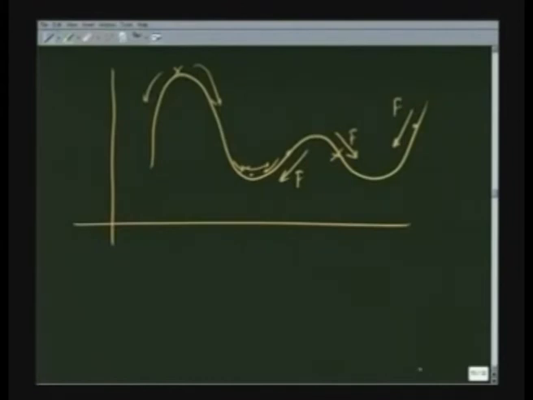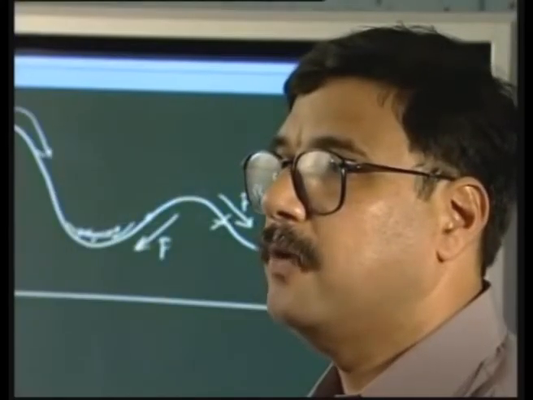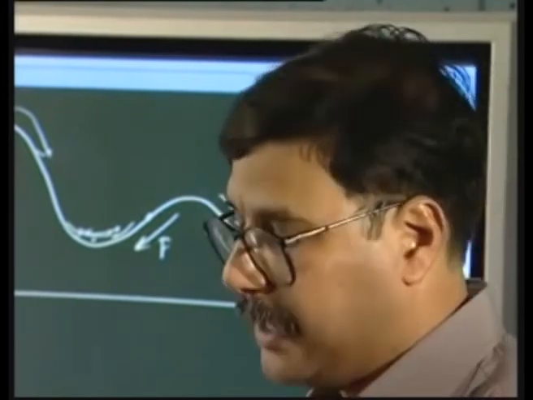One interesting thing that comes about then is if you are at a minimum and a particle is displaced from it, it tends to come back. In fact, if the displacement is very small, you will see that it will start performing simple harmonic motion. Let me explain that.